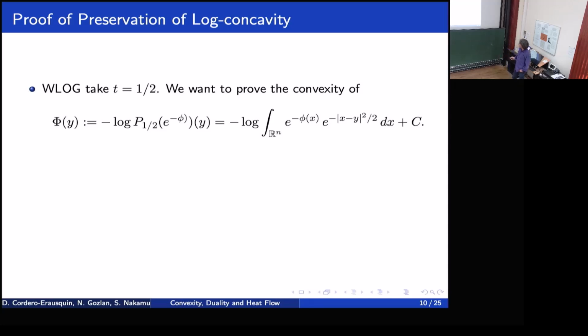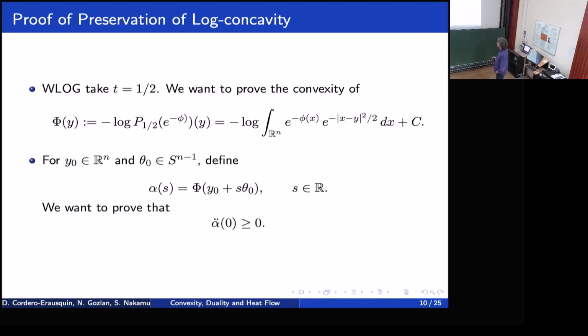The question is, you want to prove that this capital Phi is convex. This is the statement: if little phi is convex, capital Phi is convex. Convexity is a one-dimensional notion, so you just fix one line, y0 plus s theta 0, and you want to prove that as a function of s it is convex. So you just need to prove that the second derivative at 0 is non-negative.